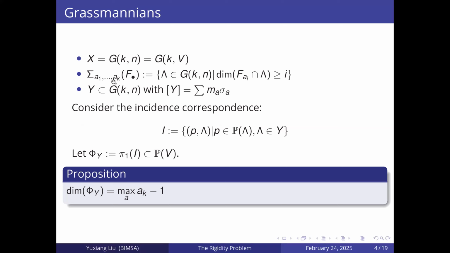Here we use a strictly increasing sequence a_1 to a_k to indicate the dimension of the flag elements, so F_{a_i} is a subspace of dimension a_i. Now, given a reference flag, the corresponding Schubert variety consists of all the k-planes that meet F_{a_i} in dimension at least i.